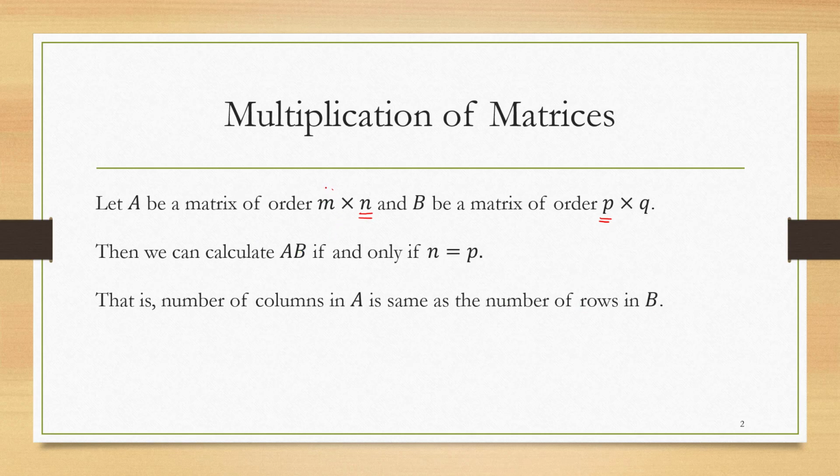And the remaining two terms M and Q give us the order of the resultant matrix, that is the order of the product AB. So product AB has order M cross Q, where M is the number of rows in A and Q is the number of columns in B.